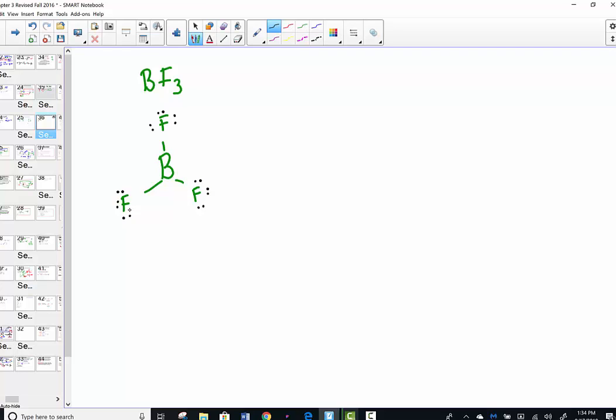So this is boron trifluoride. Notice that since boron has only 6 electrons, not 8, it makes a good target for a Lewis base. Let's draw ammonia. So here's nitrogen, and any amine derivative would have the same set of electrons on the top of the nitrogen.